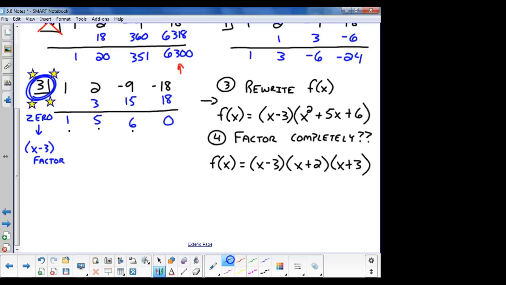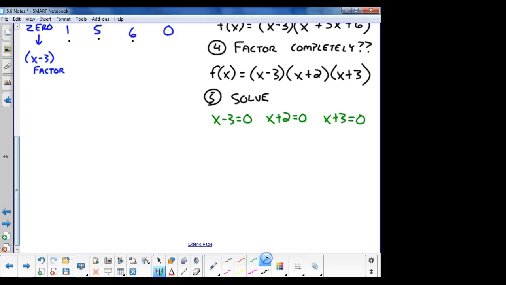So now I can solve for my zeros. So x minus 3 equals 0, x plus 2 equals 0, x plus 3 equals 0. So my zeros now become x equals 3, x equals negative 2, x equals negative 3. So my zeros are negative 2 and positive 3 and negative 3.